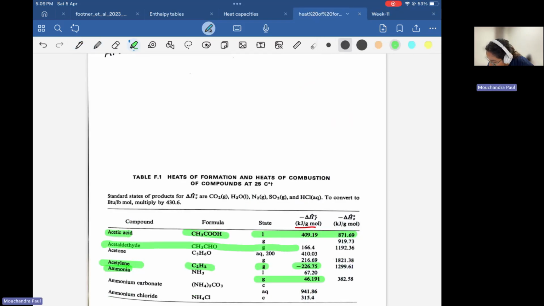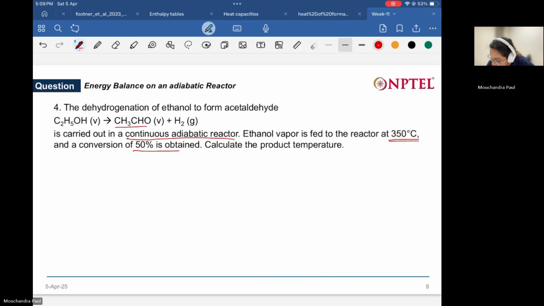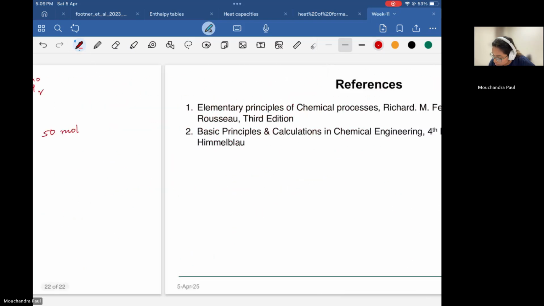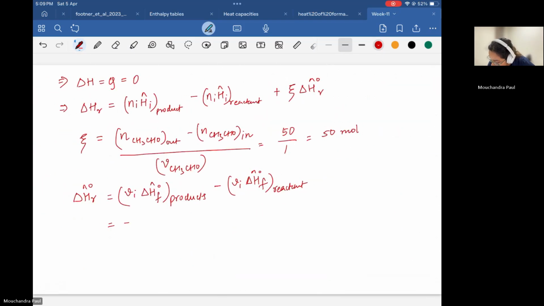The heat of formation is minus 166.4. Okay. Then for hydrogen, the heat of formation is 0. This is the product side.